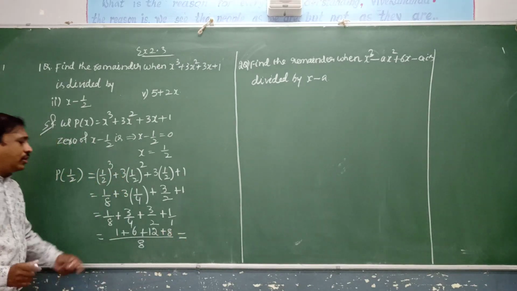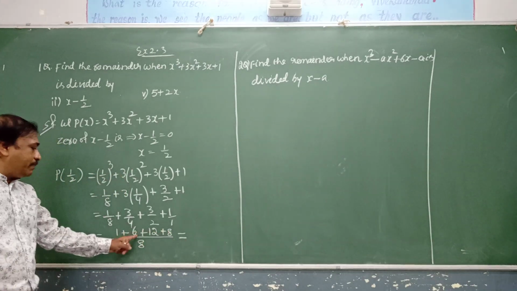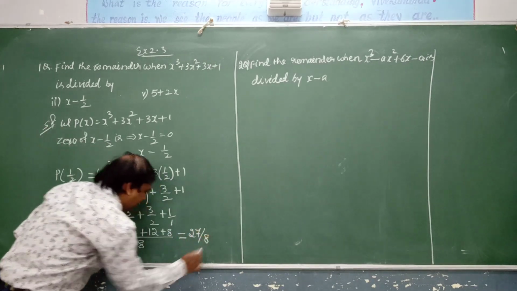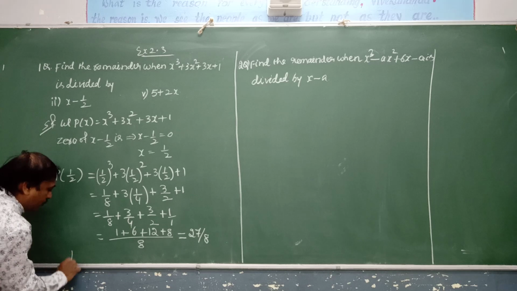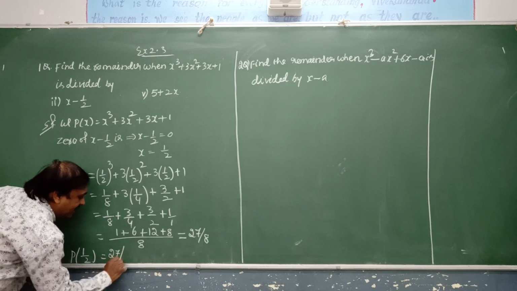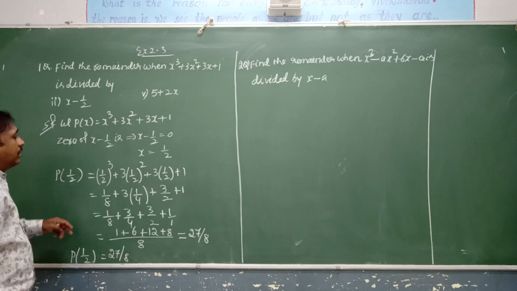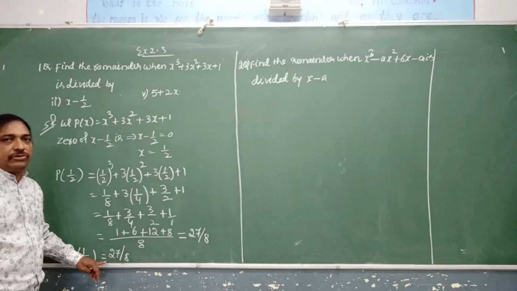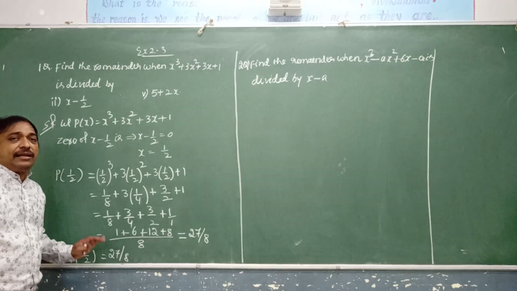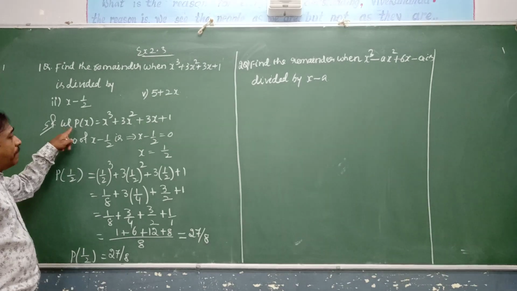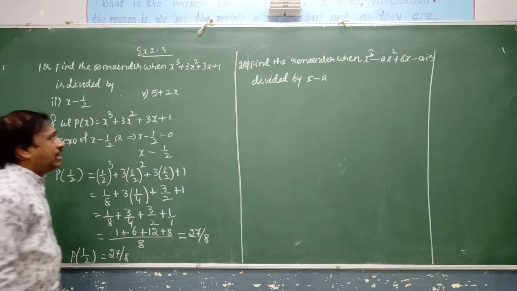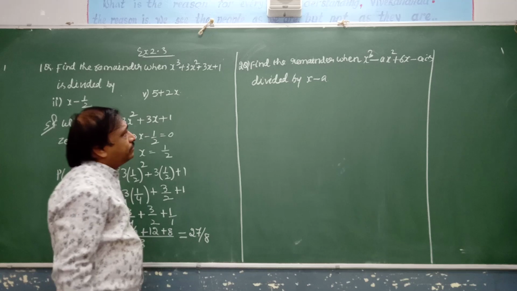So which is equal to 12 plus 8 is 20, 20 plus 6 is 26, plus 1 is 27 by 8. Therefore, P of 1 by 2 is equal to 27 by 8. 27 by 8 is the remainder. Here we are applying the remainder concept. Next, we have one more question over here.